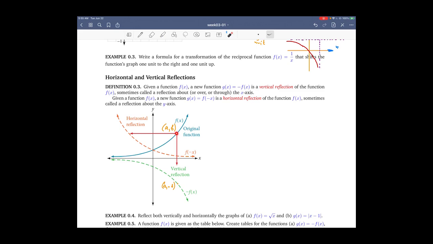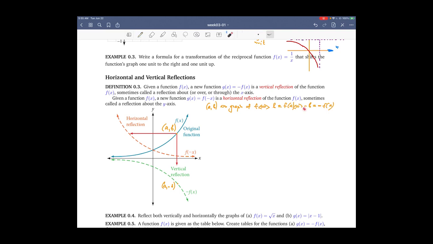Well, the fact that the point a comma b is on the graph of f is logically equivalent to b being f at a. But b being f at a is logically equivalent to negative b being negative f at a.